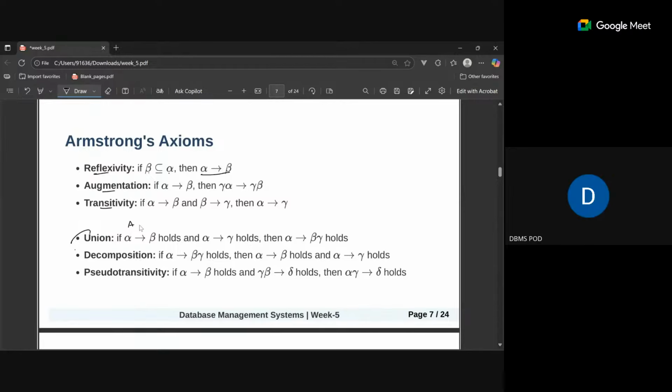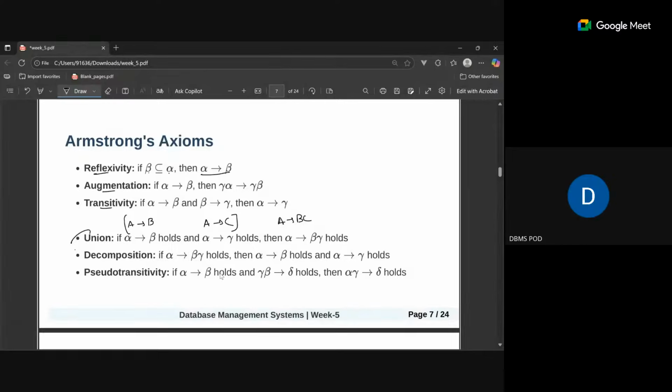In this case, it's nothing but, if A determines B and A determines C, if I can say these two are true, I can say this is also true: A determines BC. Okay, so if this holds and this holds, then this will hold.